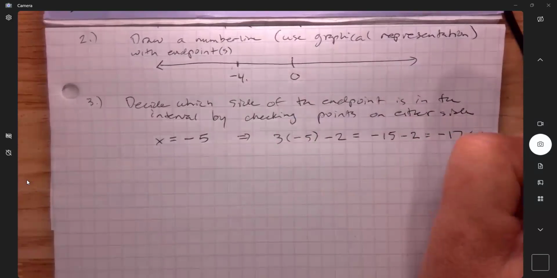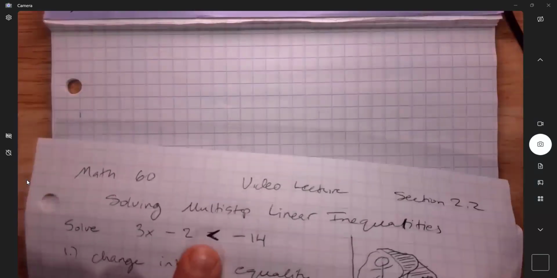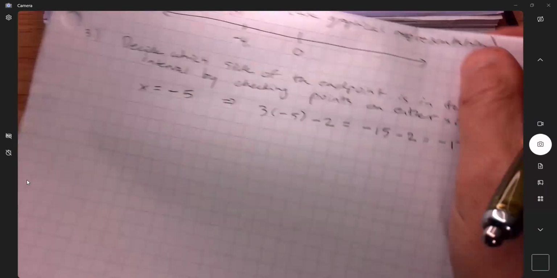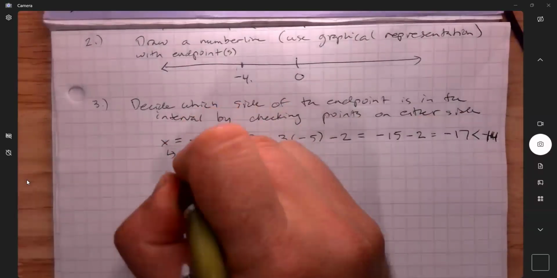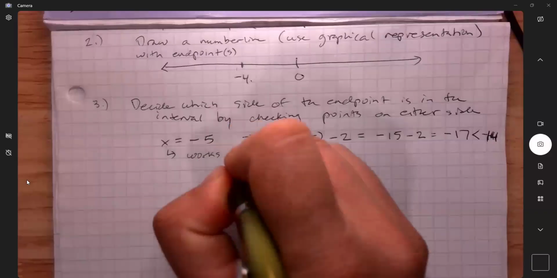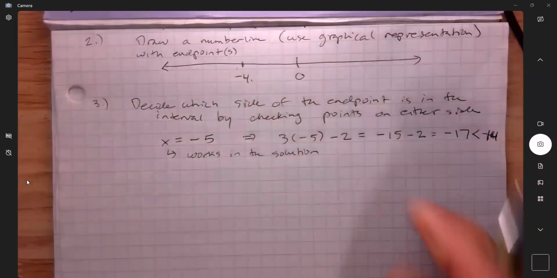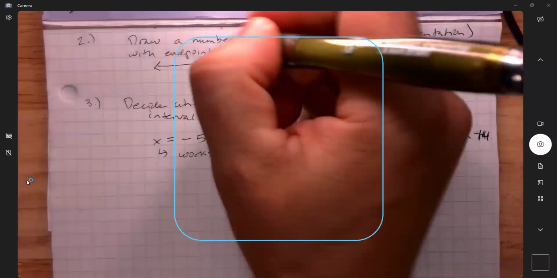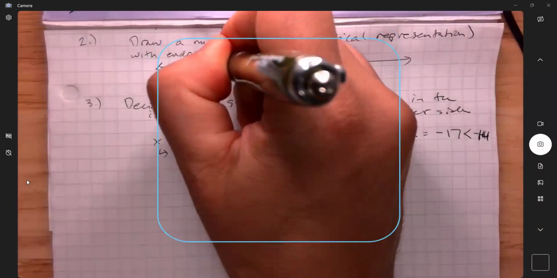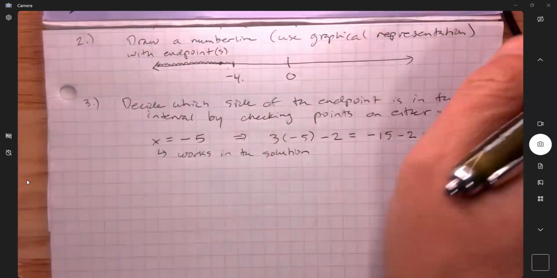Negative 17 is less than negative 14, and it's supposed to be less than negative 14. So this works. So x equals negative 5 works in the solution, right? It's a possible solution. Well, if x equals minus 5 works, then that point works, and that means because we're an interval, all of those points work.